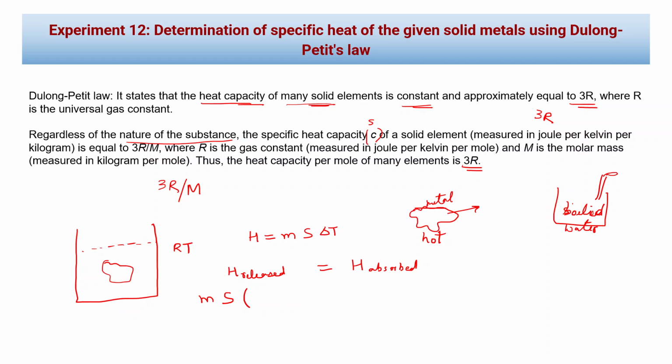I'll consider it the same as the temperature of this body. So that will give me the value of T2. After I keep it here, and after some time T, the heat transfer will stop and equilibrium temperature will be attained.